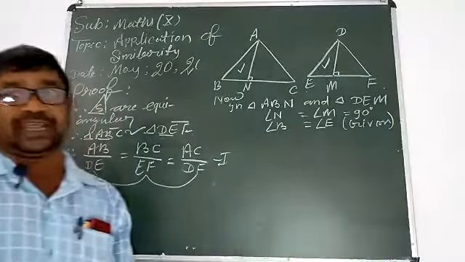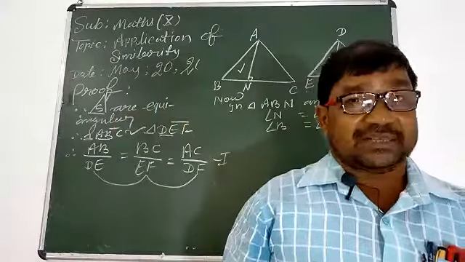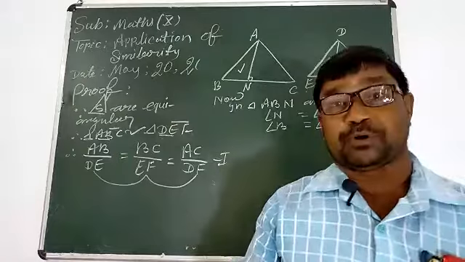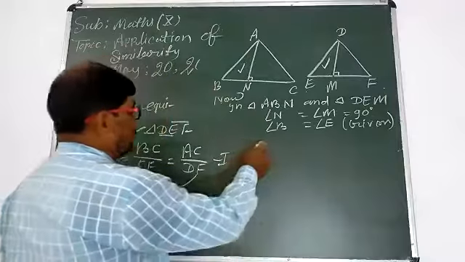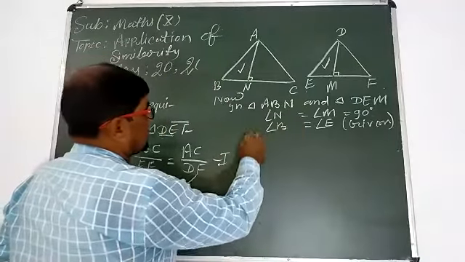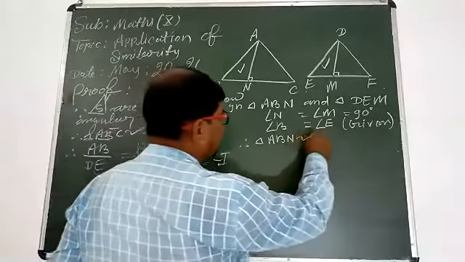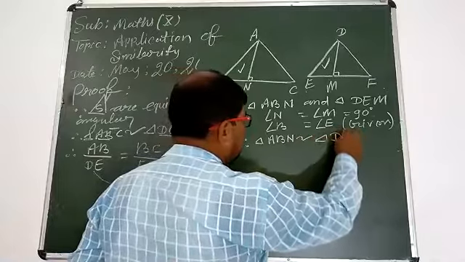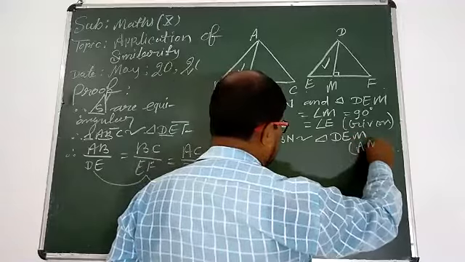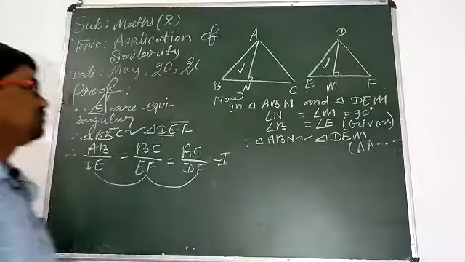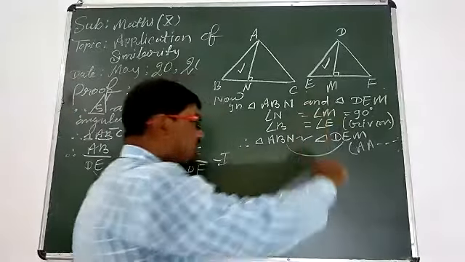By the corollary of the correspondence criterion of AAA, triangle ABN is similar to triangle DEM by the criterion AAA. Now these two triangles are similar also.